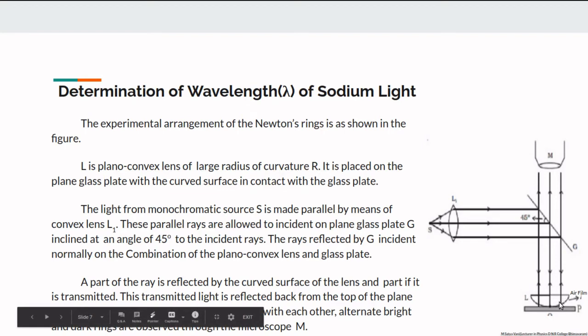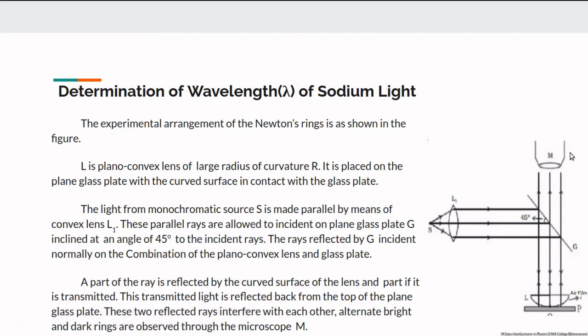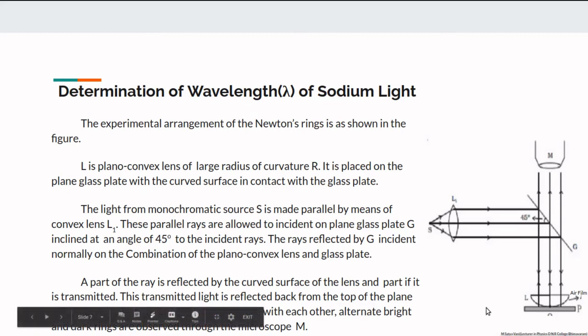These two reflected rays are derived from the same incident ray, and they act as two coherent sources, and they interfere with each other. Alternate bright and dark rings are formed. These rings are observed through the eyepiece of the microscope. This is the experimental setup.